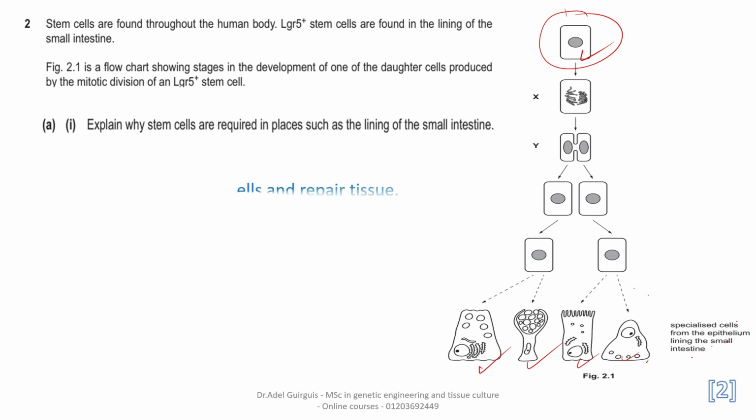Why are the cells present in the lining of the small intestine? To replace worn out cells and repair tissue. Also, stem cells divide and differentiate. Stem cells are able to divide continuously without stop. They are undifferentiated and help to produce differentiated cells like these 4 cells.